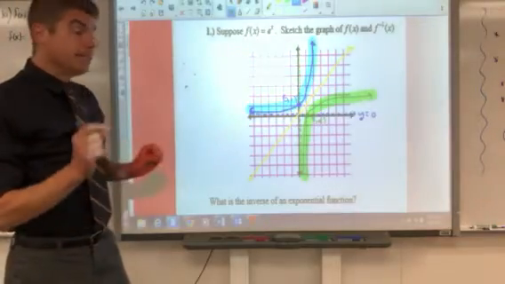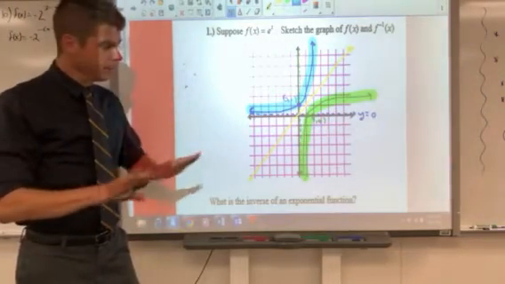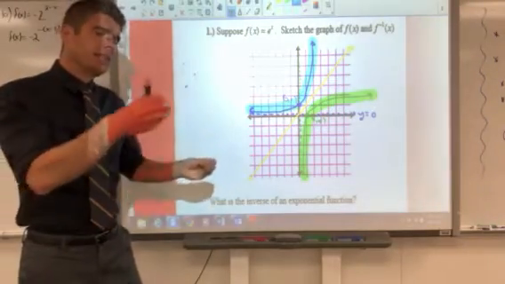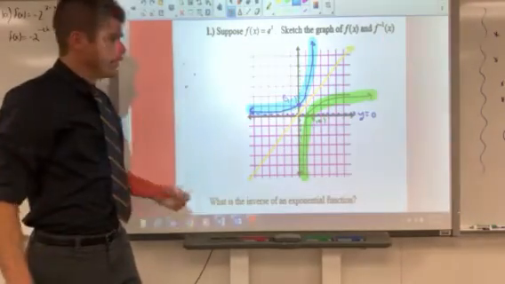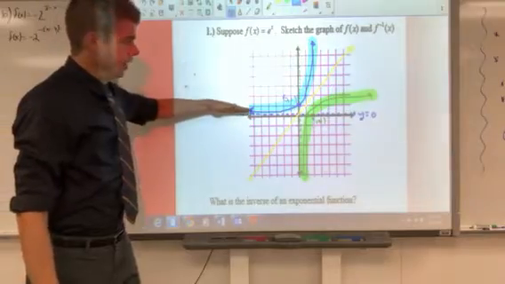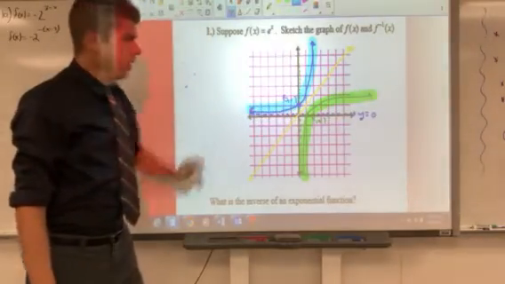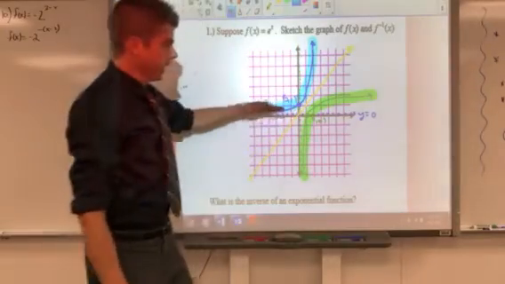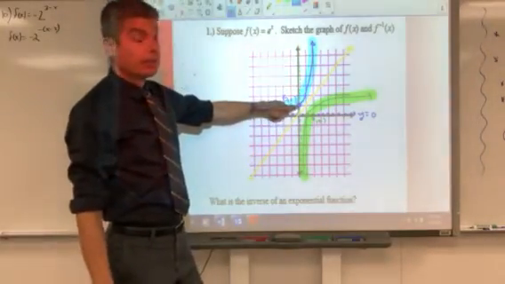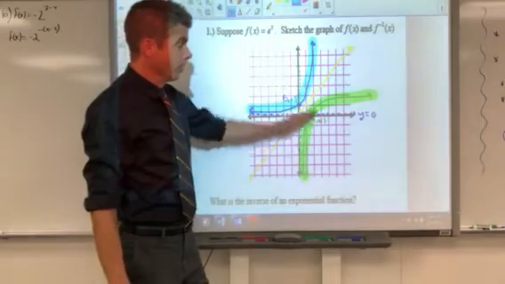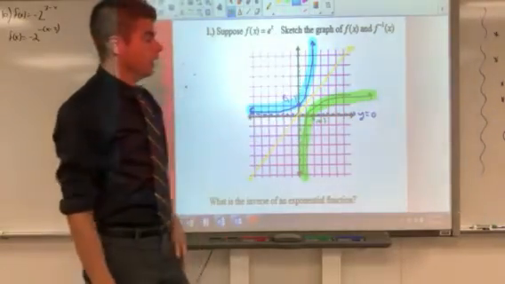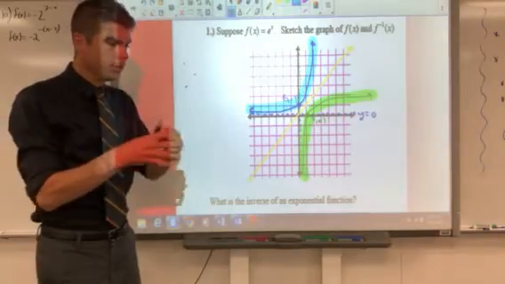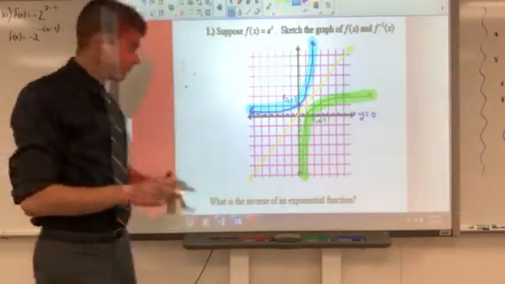Now, we need to keep track of both of them and keep their characteristics separate in terms of which one has which feature, right? An exponential graph has a horizontal asymptote, and a logarithmic graph has a vertical asymptote. In an exponential graph, it's the y-intercept I'm after. In a logarithmic graph, it's the x-intercept. That's going to be the toughest thing about these two sections.